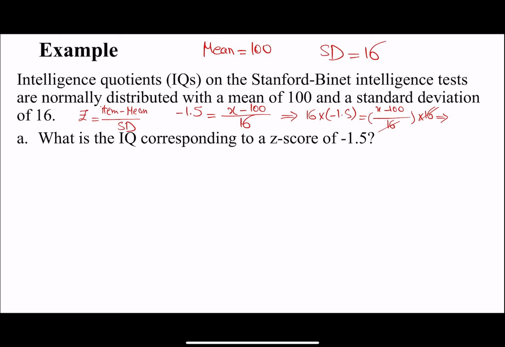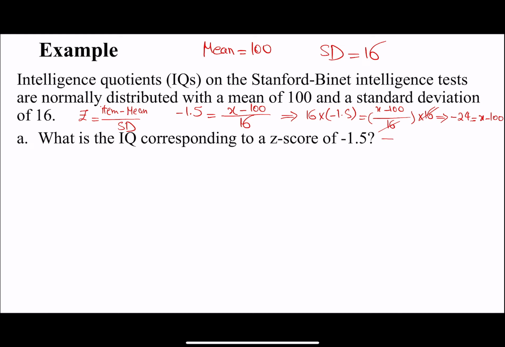On the left side, I have 16 times negative 1.5. I'm going to use the calculator. 16 times 1.5, and the answer is negative, so it's negative 24. Negative 24 is equal to x minus 100. I want to find x, so I add positive 100 to both sides.